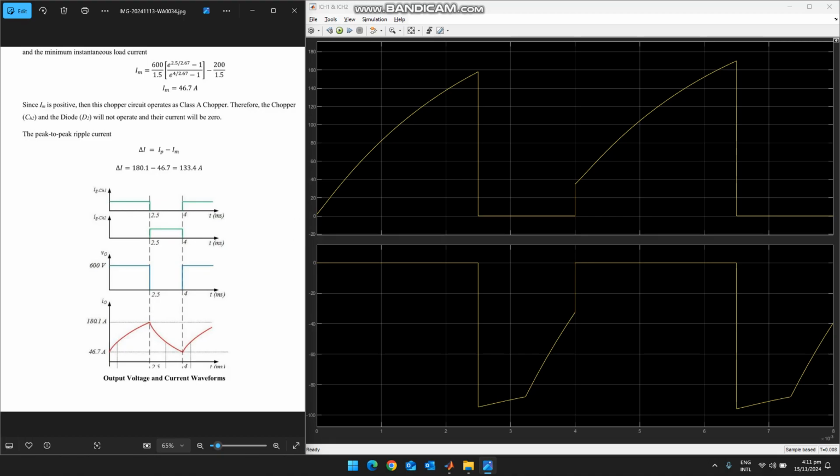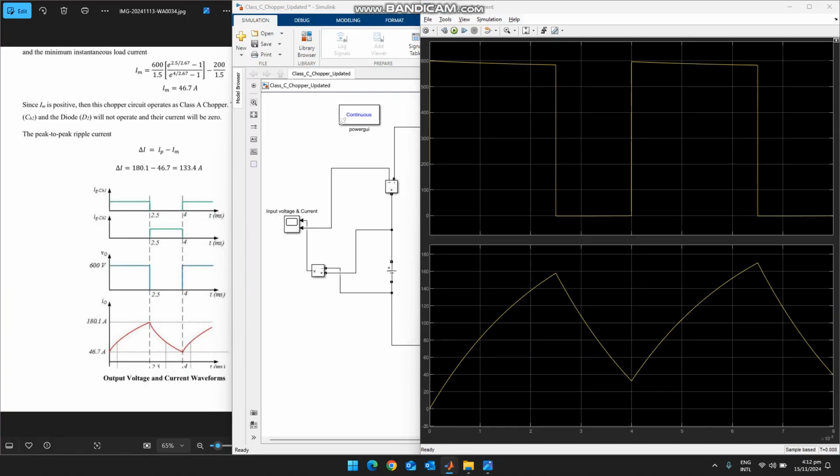But still you can see that it is on from 0 to 2.5 millisecond, and off from 2.5 to 4 millisecond. On the other hand, ISH2 is on from 2.5 millisecond till 4 millisecond. You got these two.